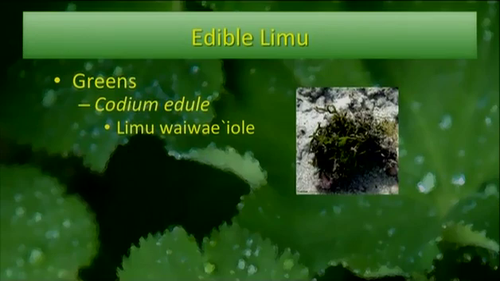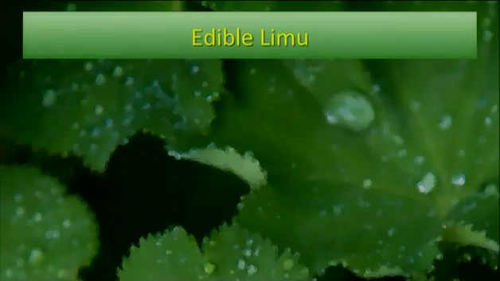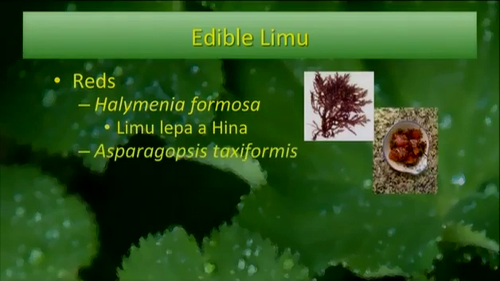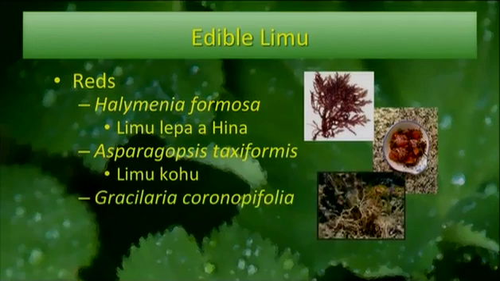Some edible red algae include Halymenia formosa, limu lepe ʻula. Also a favorite, Asparagopsis taxiformis, also known as limu kohu. And then we have Gracilaria coronopifolia, which is known as limu manauea. So you need to know the names of the edible limu.